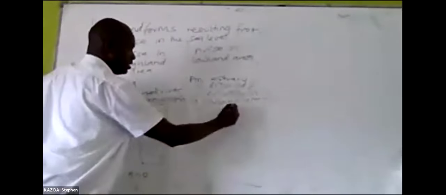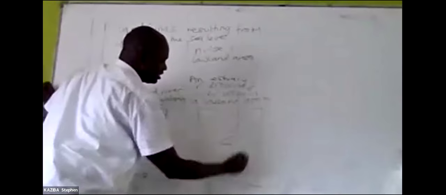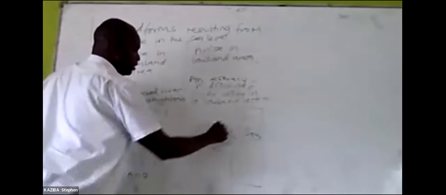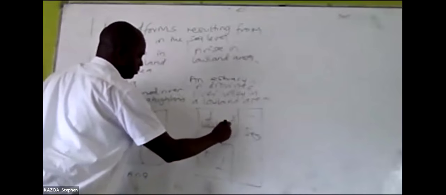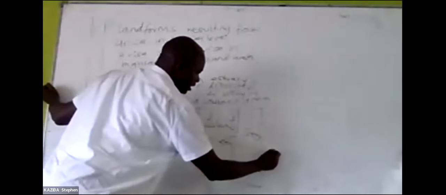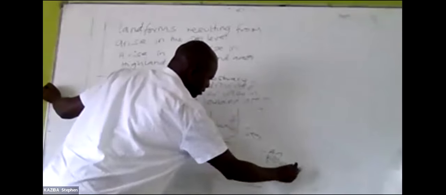Are you getting? Exactly the same thing. Then you put this as, this is a lowland now. Now this is an estuary. So I think that is clear.